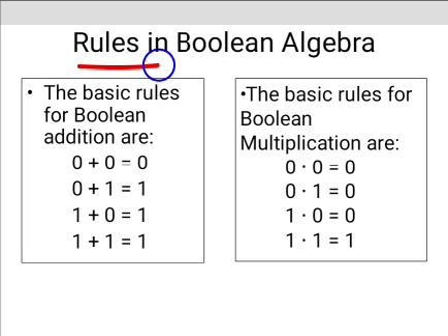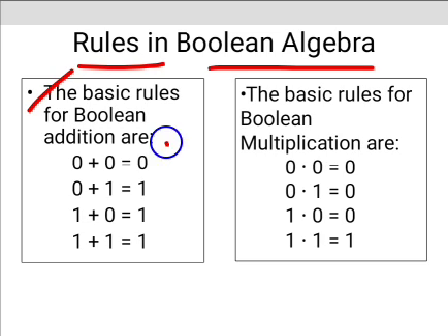Next, rules in Boolean algebra. The basic rules of Boolean addition are 0 plus 0 is 0, 0 plus 1 is 1, 1 plus 0 is 1, 1 plus 1 is 1. We note that Boolean addition is the same as the logic OR function.